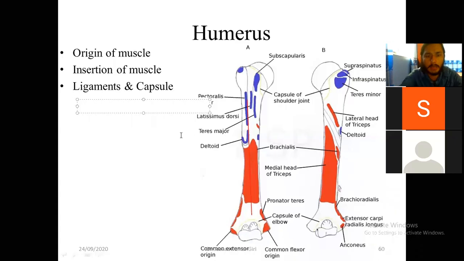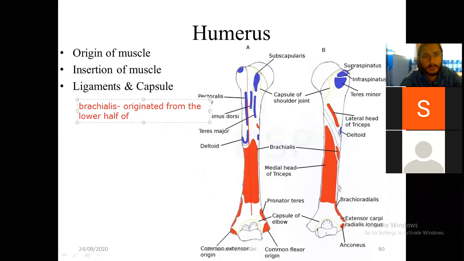So the brachialis muscle has got an origin from the lower half of the anterior medial and anterior lateral surface of the shaft.